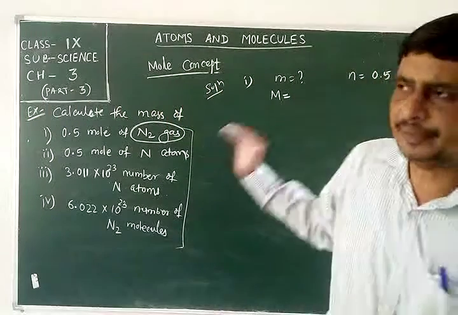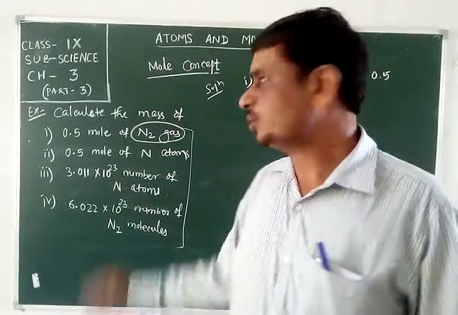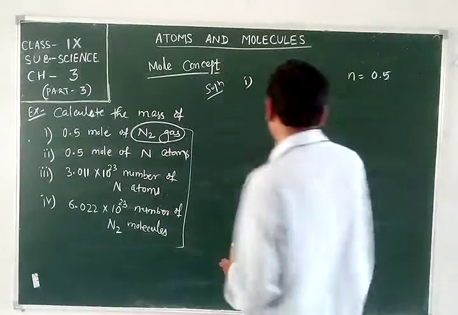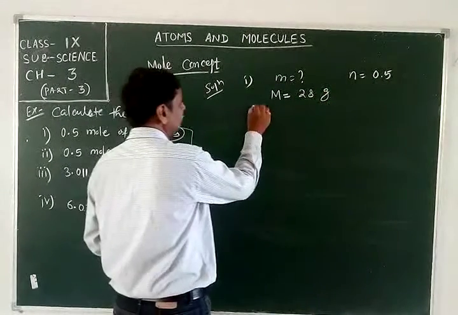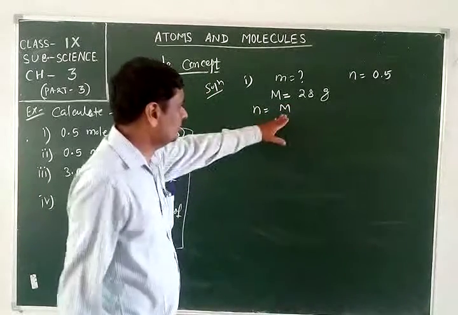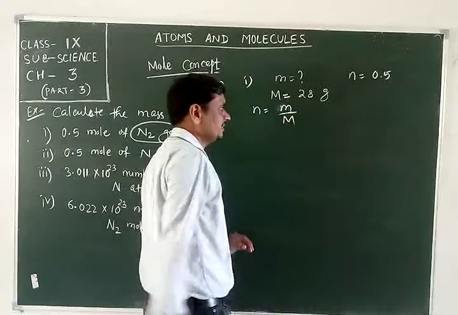One nitrogen atom has mass 14 gram, so 2 atoms have 28 gram. We know n, the number of moles, is equal to given mass by molar mass.